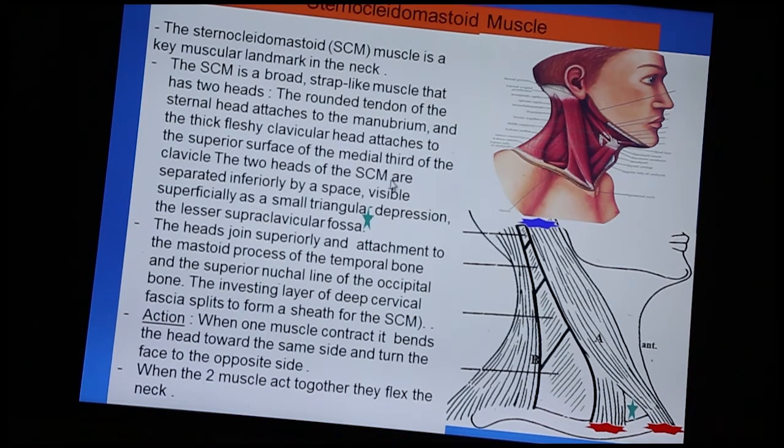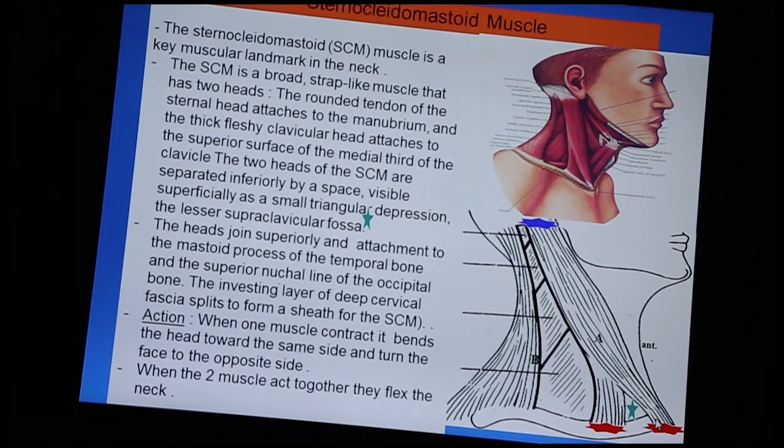The two heads of this muscle are separated from each other anteriorly, where there is a fossa known as the supraclavicular fossa, bounded by the anterior sternal part and the posterior clavicular part of the sternocleidomastoid muscle.